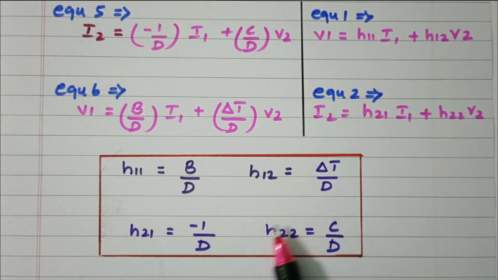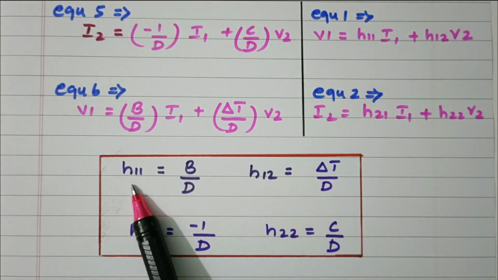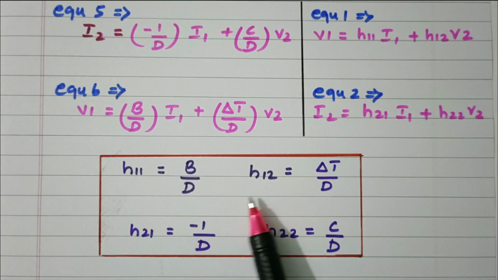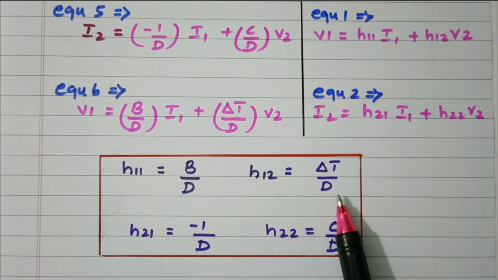So based on that, we got the relationship. H11 is B by D, H12 is delta T divided by D, H21 is minus 1 by D, H22 is C by D. So all the time the denominator is D only, right? So this is the relation between H parameter in terms of ABCD parameters.